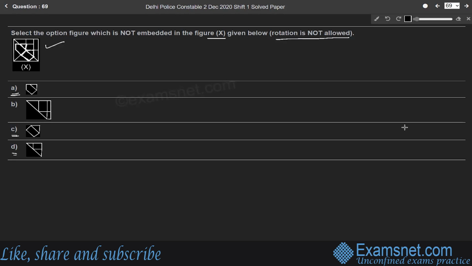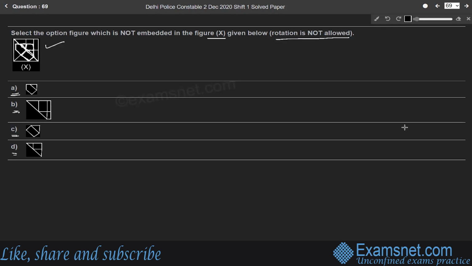So option D. So one side of the diagonal. Yeah. So option D is also clearly embedded in the given figure. So look at option B. Here, yes, along the diagonal.